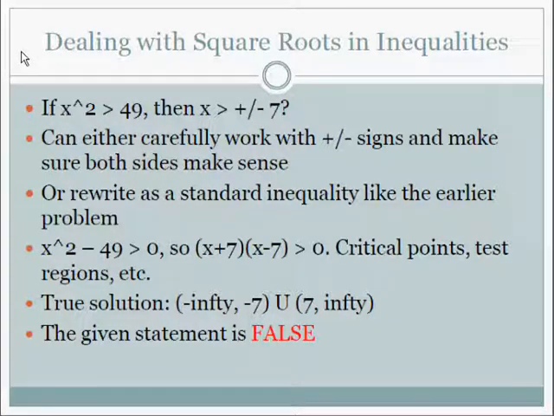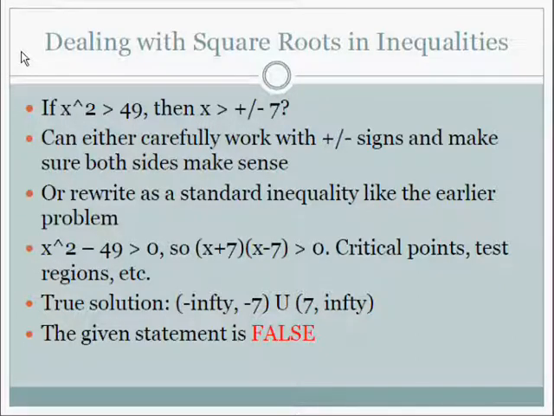But in order to deal with this, we have to follow the same kind of procedure. Get everything on the same side. Find a way to simplify your expression. Maybe factor it out. Find your critical values. So if we subtract 49 from both sides, we get x squared minus 49 has to be positive. That factors as a difference of squares, x plus 7, x minus 7.